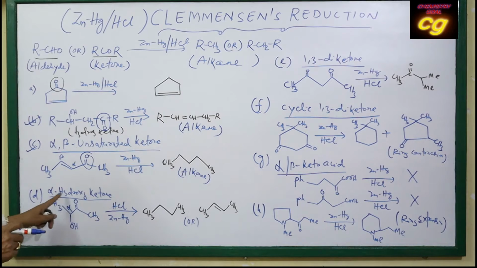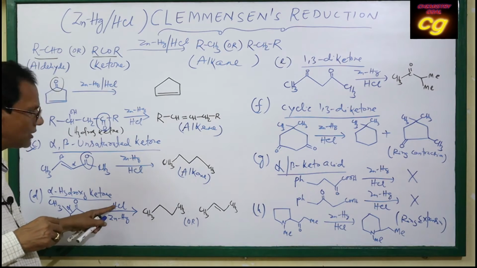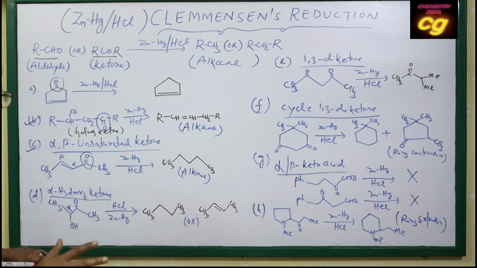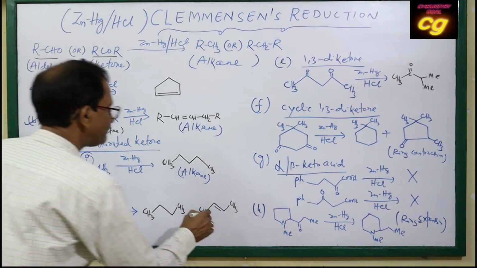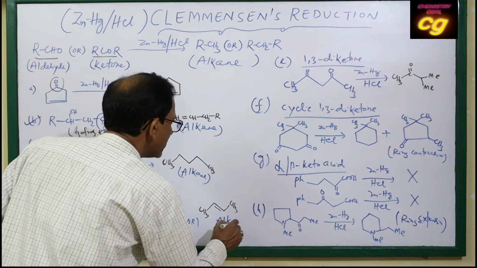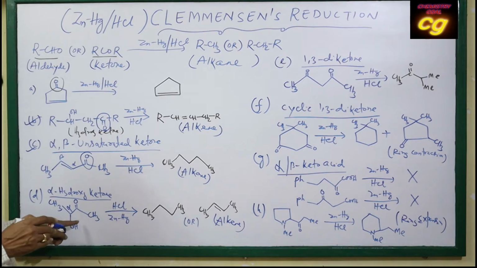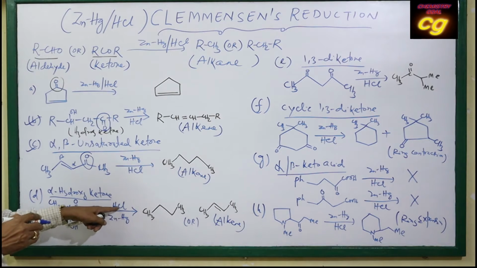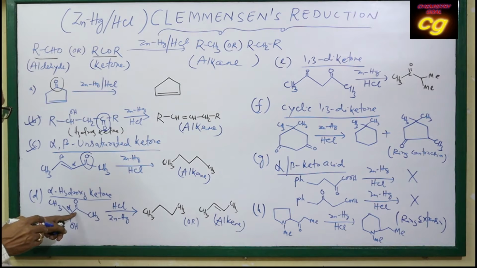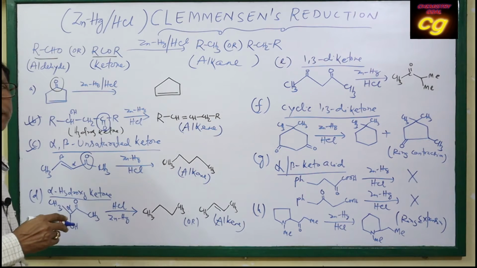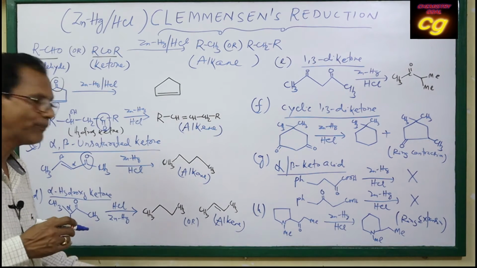Then if an alpha hydroxy ketone is used, like this, and you take it with zinc amalgam and HCl, the major product is alkene. Here the hydroxy group loses a water molecule by protonation by HCl, so the double bond forms and the keto group converts to alkane, that is hydrocarbon.